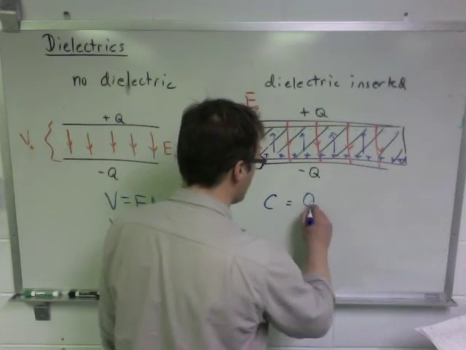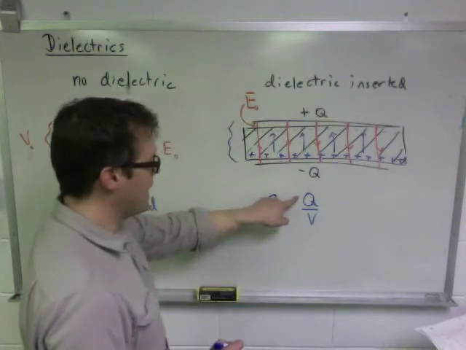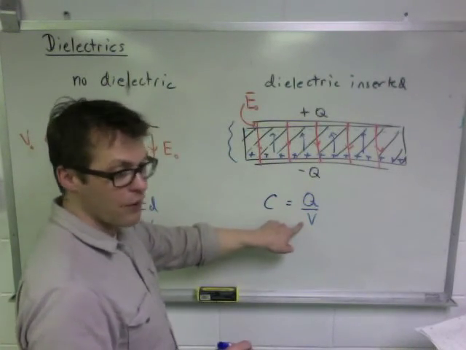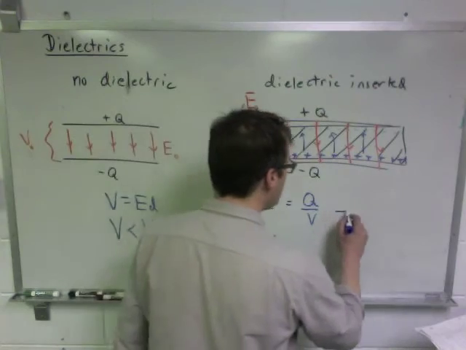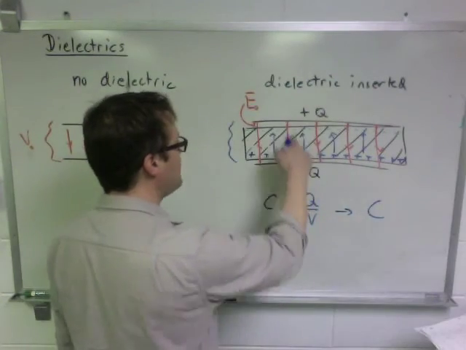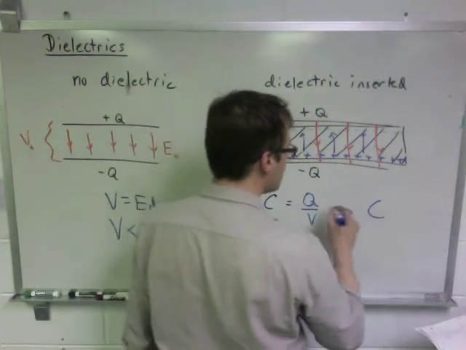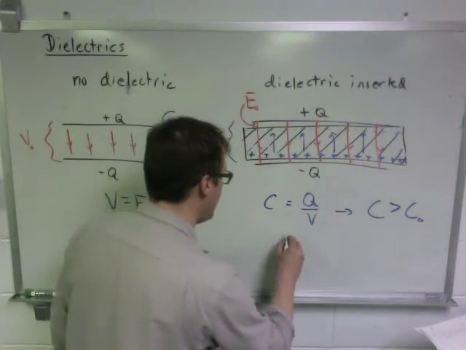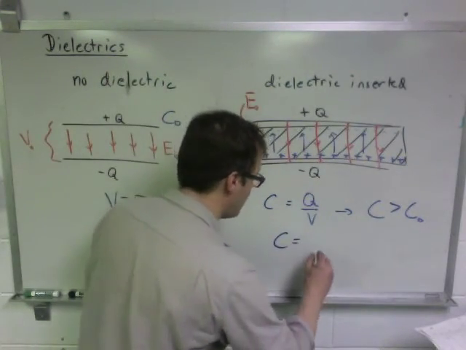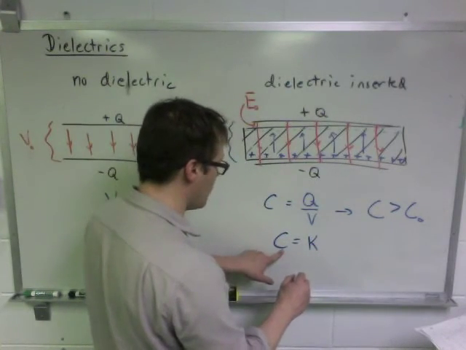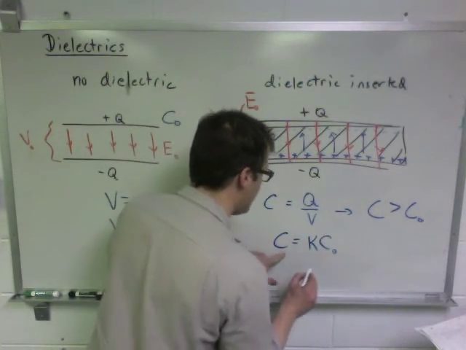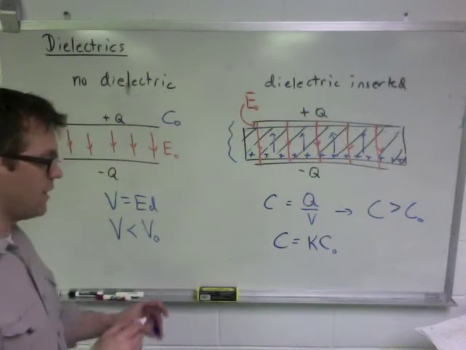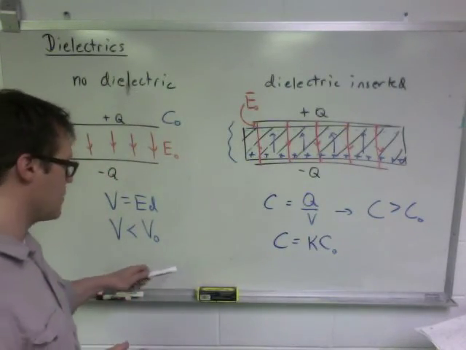And since the capacitance is equal to Q over V, if Q remains fixed but V decreases, then you can imagine that C, the capacitance of my new device, is going to be greater than the original capacitance. In fact, C is going to go up by a factor of kappa. So my new C with the dielectric present is going to be kappa times C0, which is the capacitance without the dielectric present.